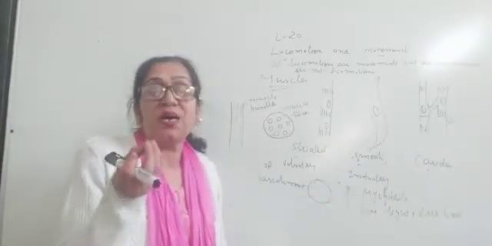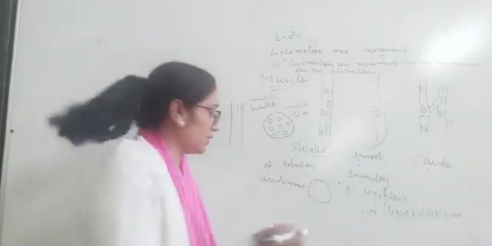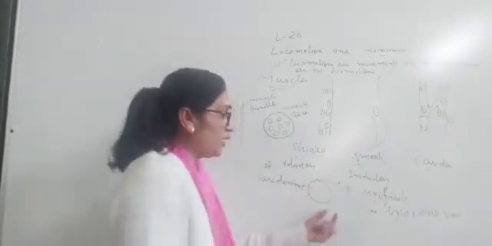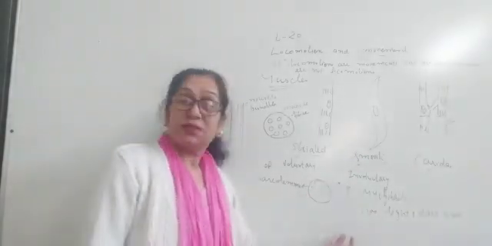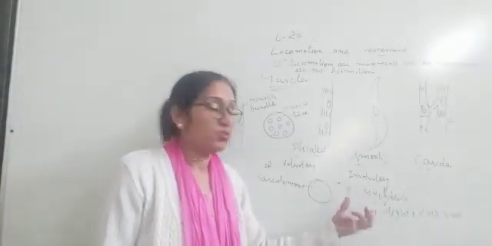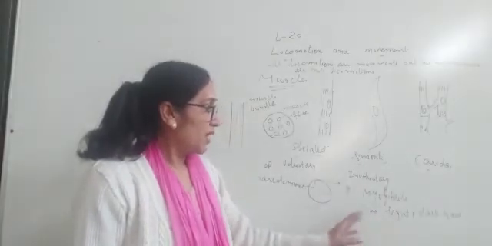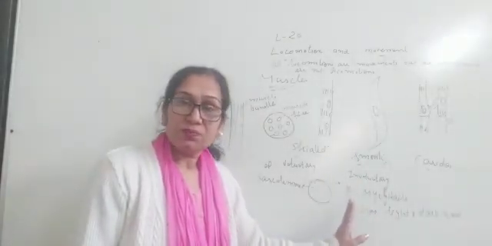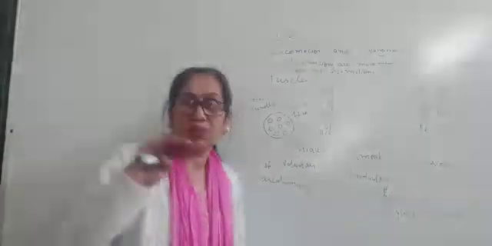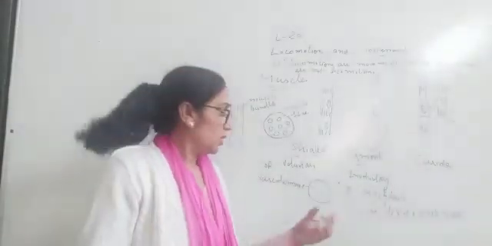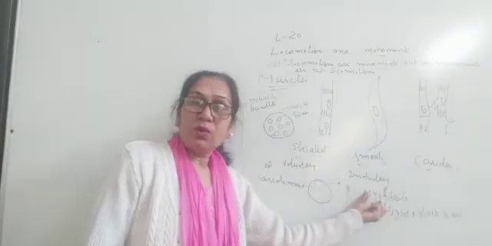Inside there again are fine threads, fine branches. If I take one myofibril and look at how they are arranged, these myofibrils have light and dark bands, and they are arranged parallel. All these are arranged parallel. Clear?